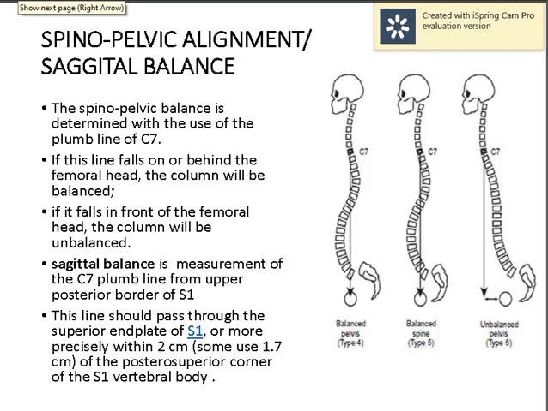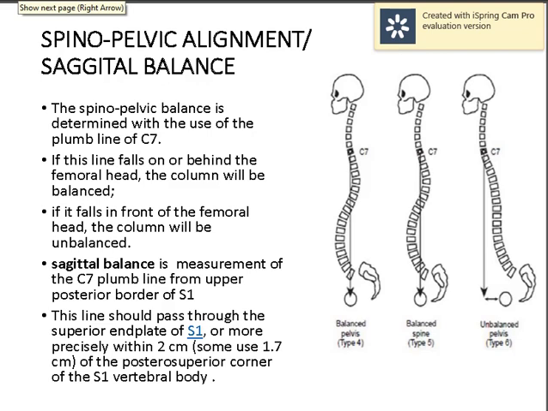The spinopelvic balance is determined with the use of the plumb line of C7. If this line falls on or behind the femoral head, we consider it balanced, but if it falls in front of the femoral head, then it is unbalanced. The sagittal balance is the measurement of the C7 plumb line from the upper posterior border of S1.